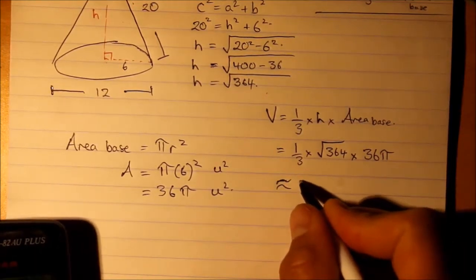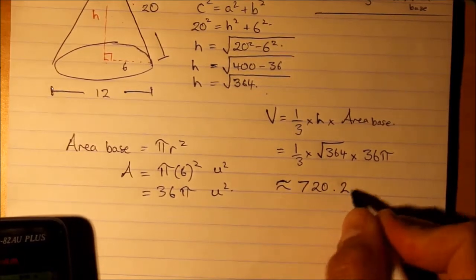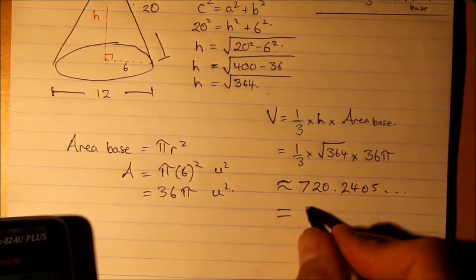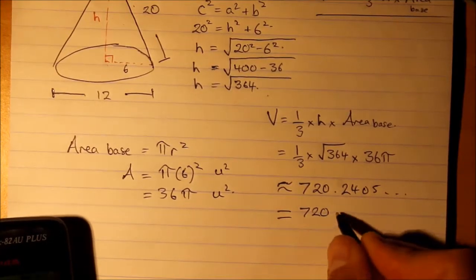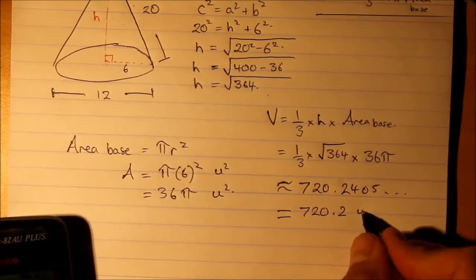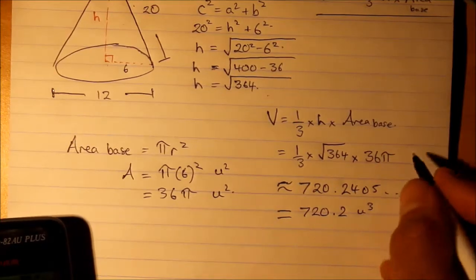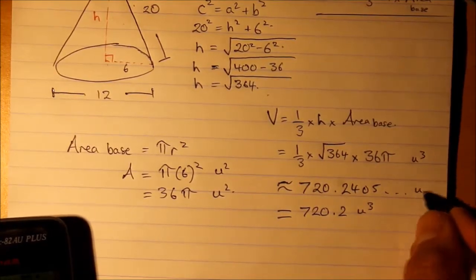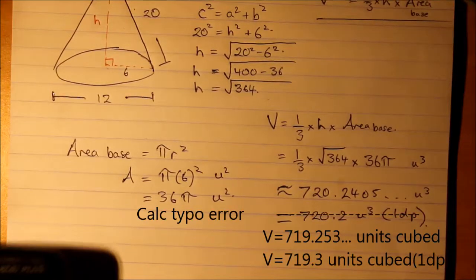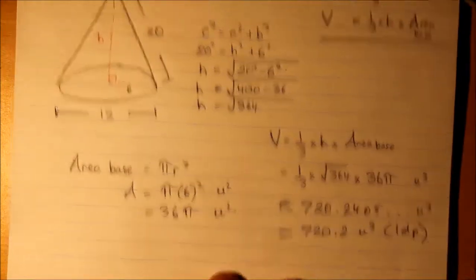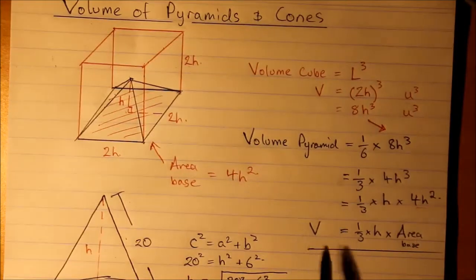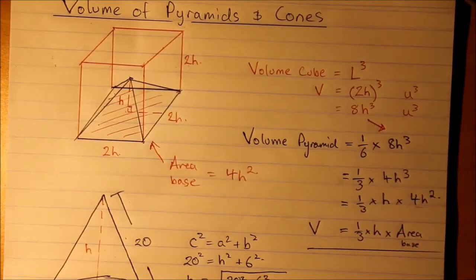Right, so that's 720.2405. Let's round that to one decimal place. 720.2, and this is units cubed because we're talking about volume. Put that in there, just to one decimal place. And there you have it, your formula and method for finding the volume of a pyramid or a cone.